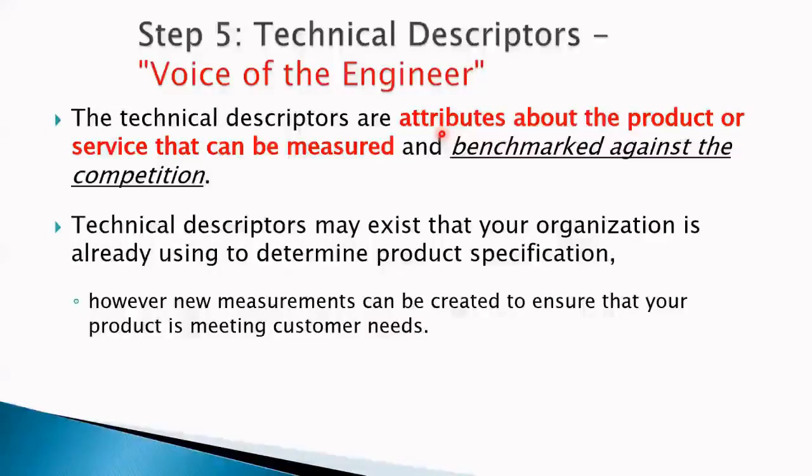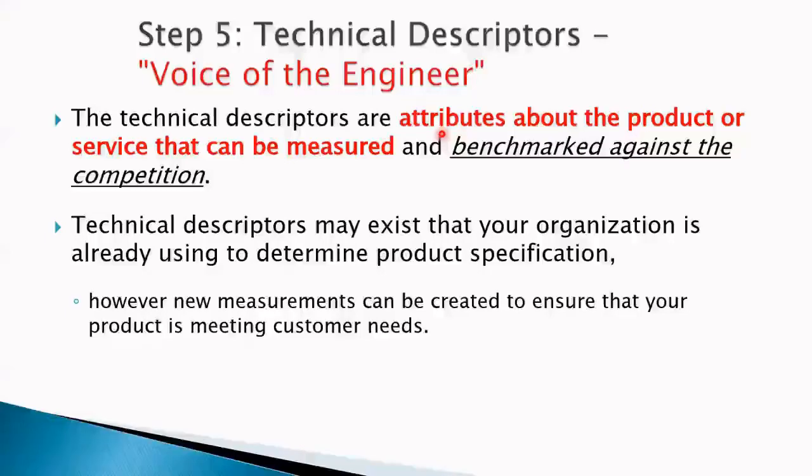Now, whatever attributes we add to the technical descriptors of the production planning, those are required to fulfill the customers' requirement. By using one attribute or two or three, whatever the method, they are going to provide that customer's requirement.